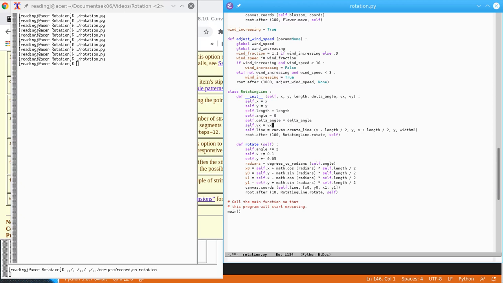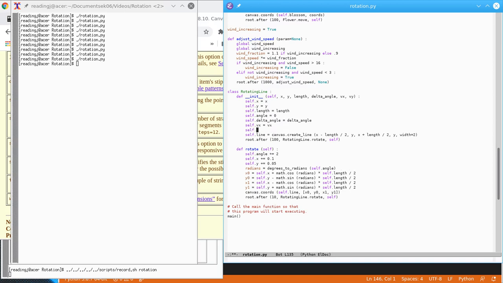Self.Vx equals Vx. Self.Vy equals Vy. And so now plus equals self.delta angle, plus equals self.Vx, self.Vy.